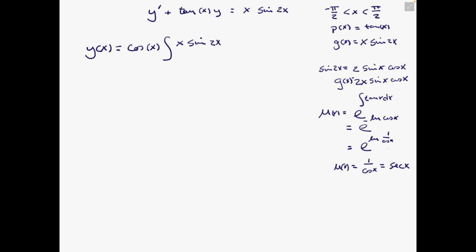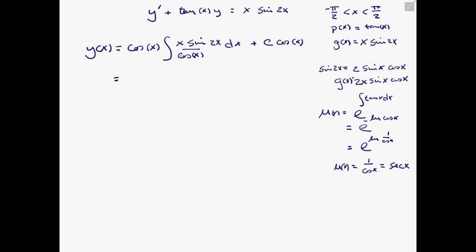Let's see, mu of x is secant of x, which is cosine of x dx plus c cos of x.